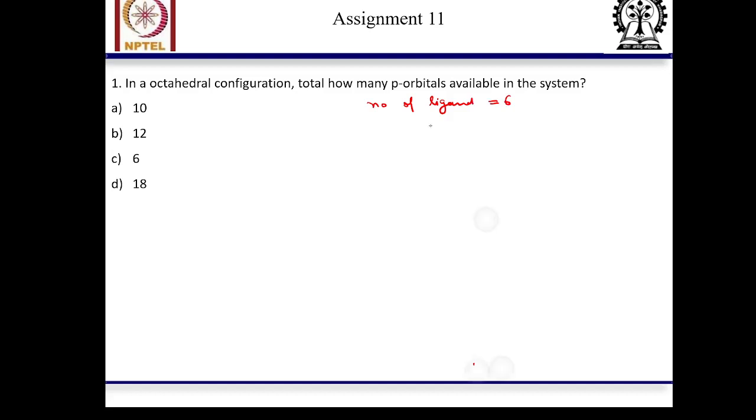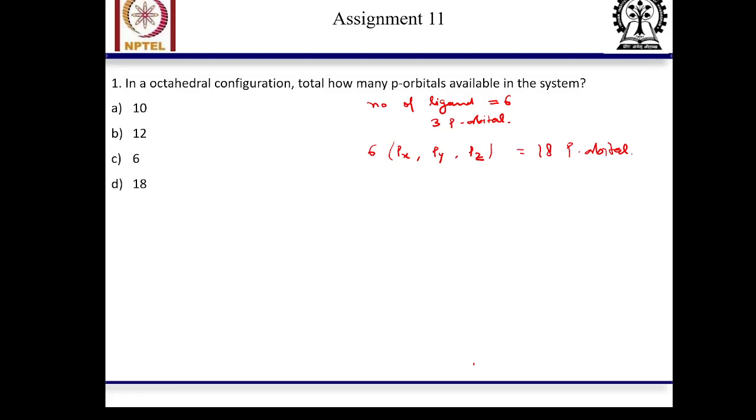Each ligand has 3 p orbitals: px, py, pz. So in total we have 18 p orbitals.